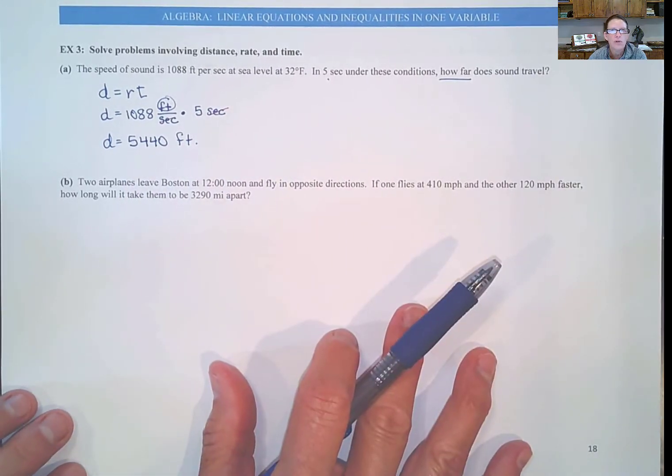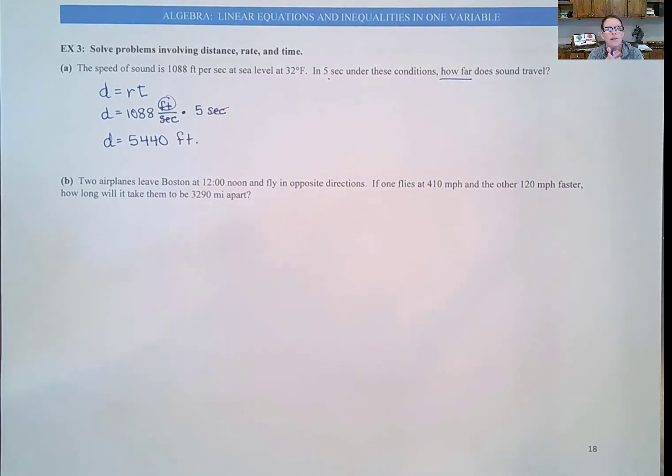So when you're listening to that thunderstorm, if you can count slowly to 5, about 5 seconds, 1, 2, 3, 4, 5, okay.